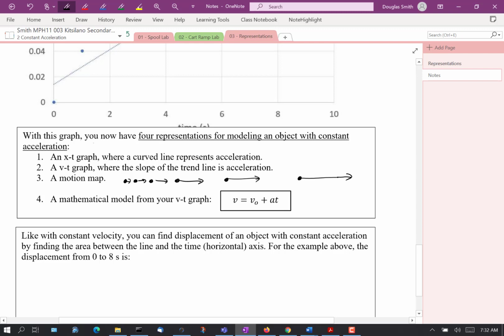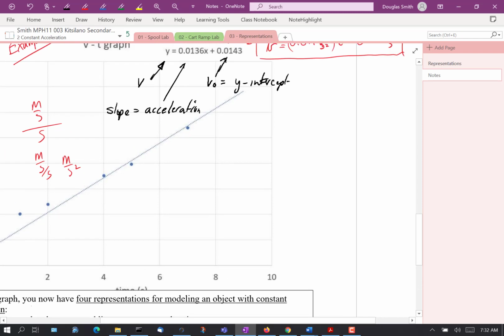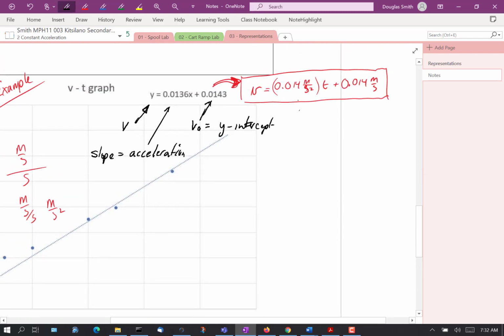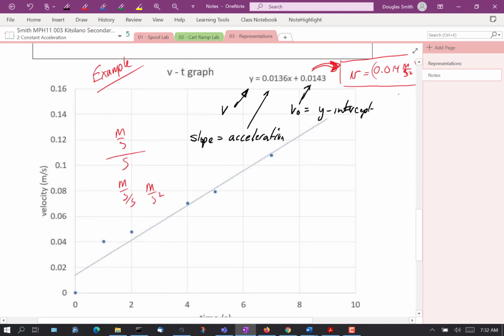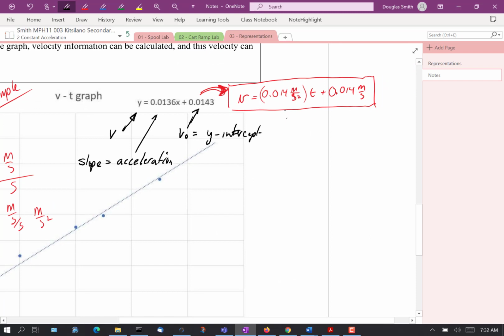And then we have a mathematical model. This is a general model that applies to this thing. This is a specific model. The reason why I'd call it specific is because this model relates to only this particular graph because it has a very specific acceleration, a specific starting velocity.